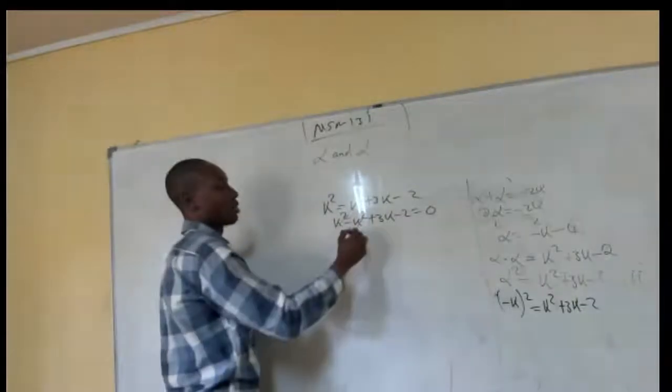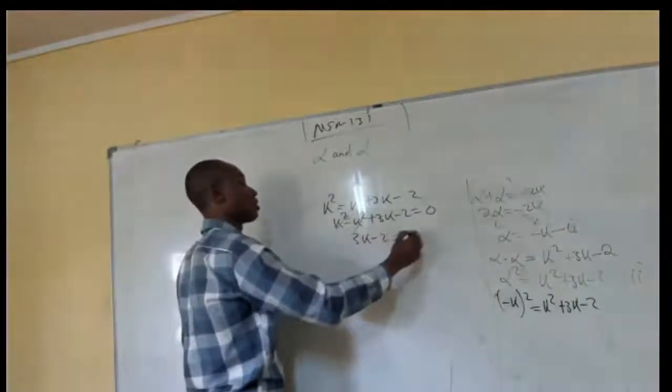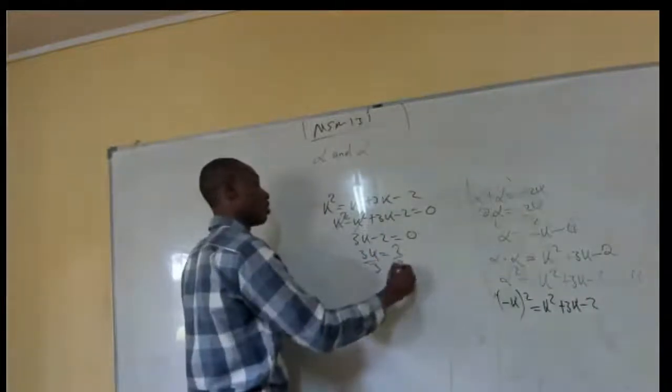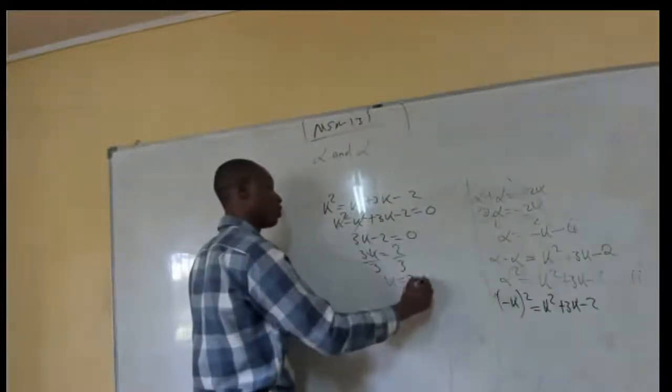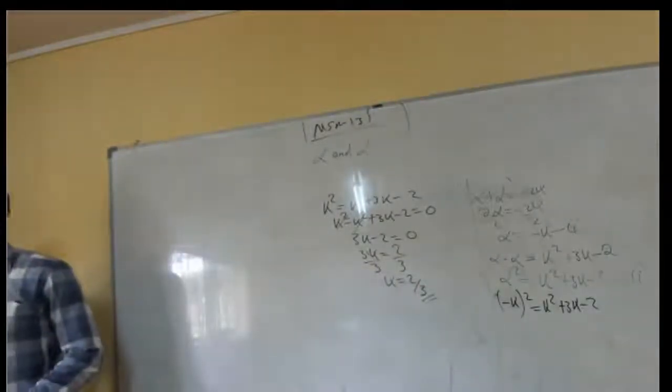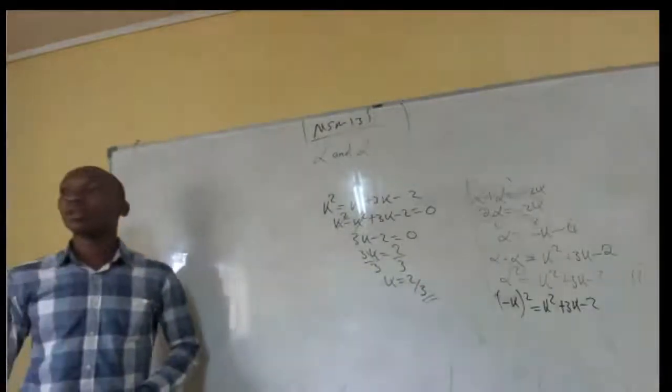This and this will cancel, so we have 3k − 2 = 0. 3k is equal to 2, so k is 2 over 3. That's the answer: k is equal to 2 over 3.